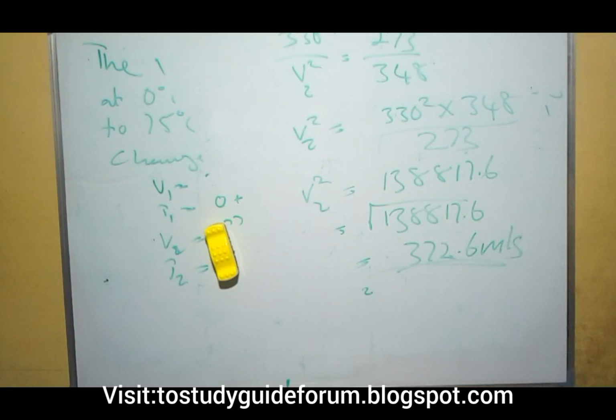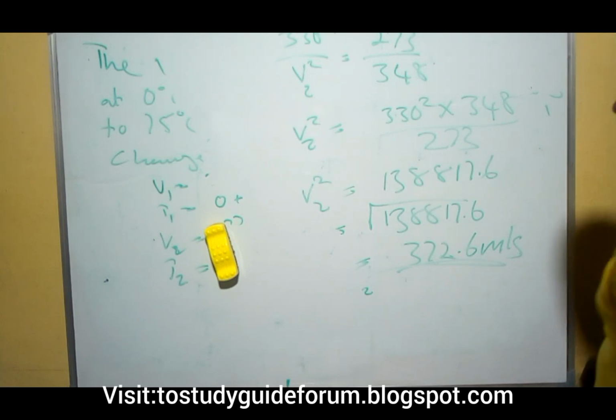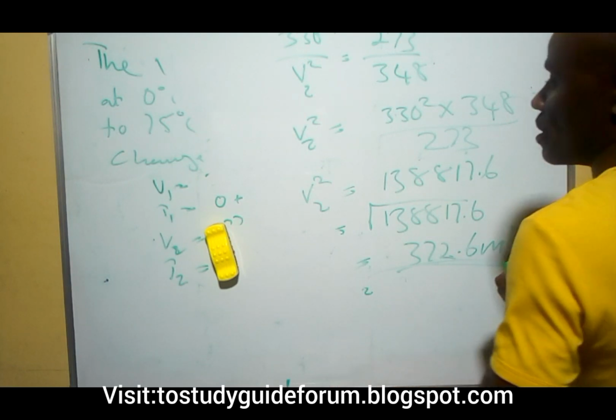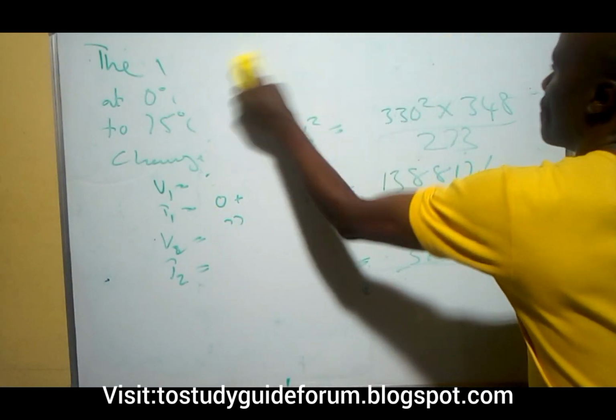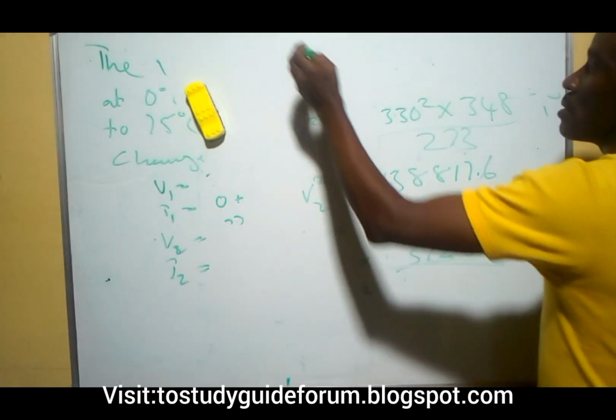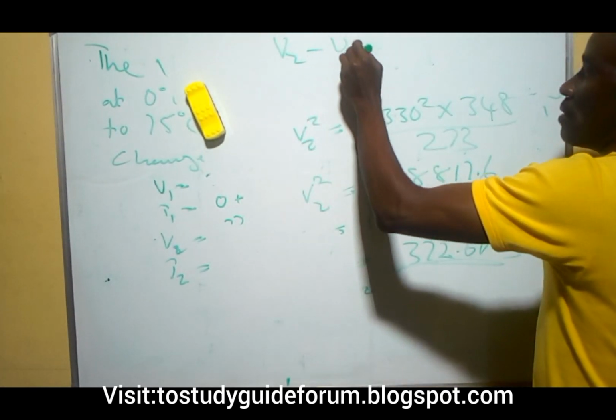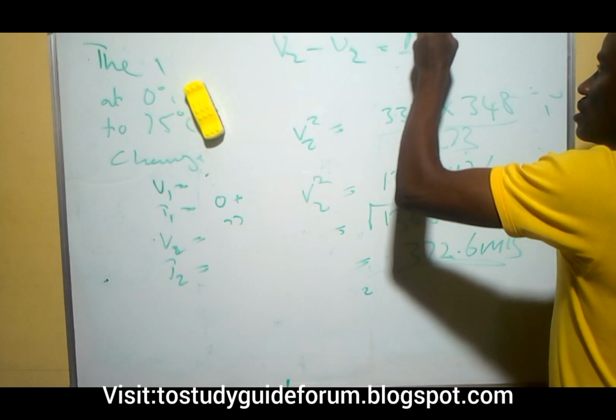That's the velocity. Now we have the velocity. Now we're going to calculate the change in velocity. The change in velocity then will be the final velocity minus initial velocity will give us change in velocity.